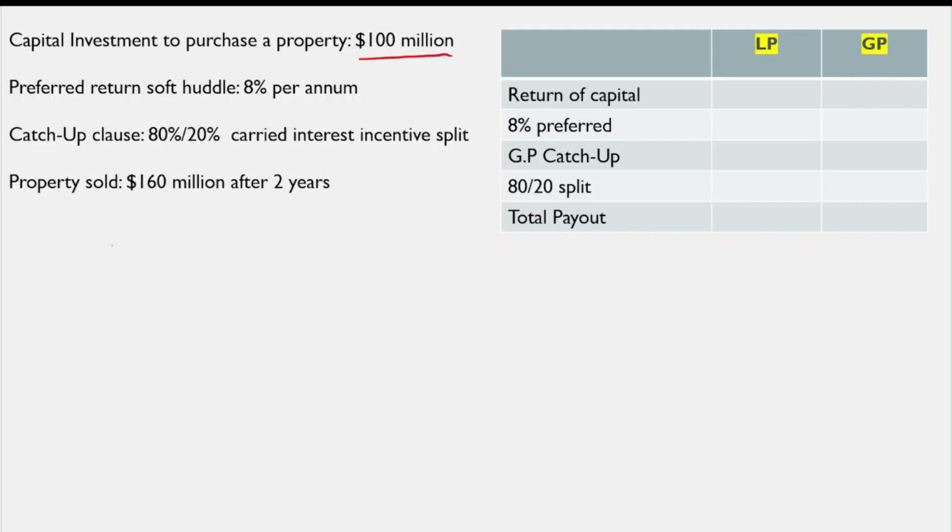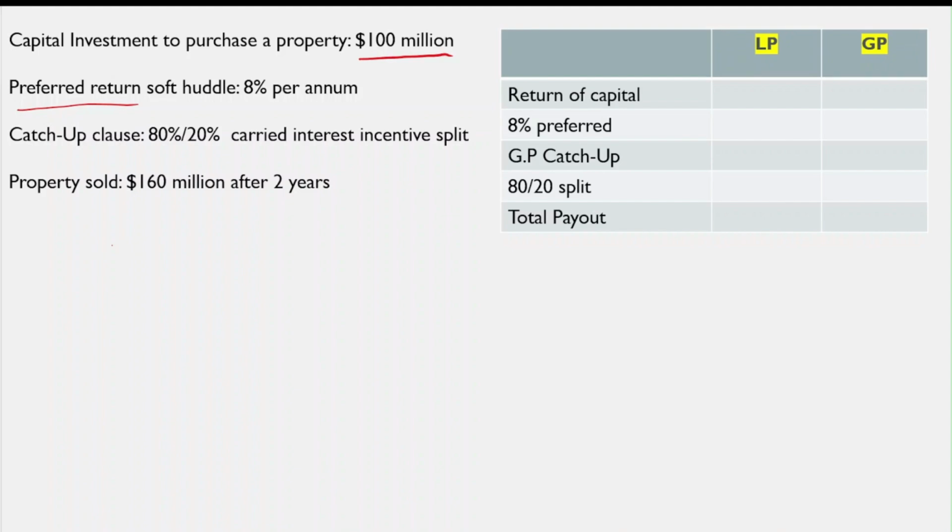The catch-up clause is 80-20. Remember, this split is not based on the total profit of 60 million. This split is calculated on the preferred return, and I'll come to this in a minute. At the end of 2 years, the property was sold for 160 million. So we have a profit of 60 million.